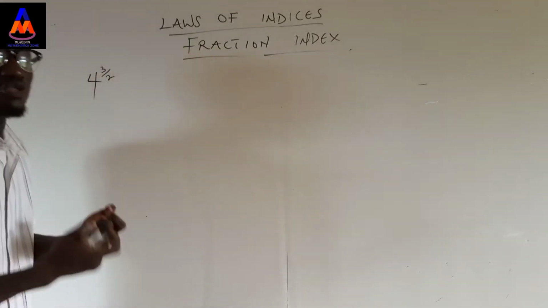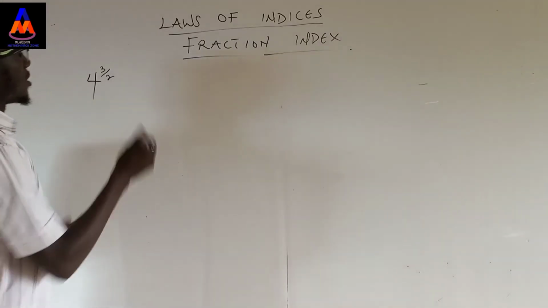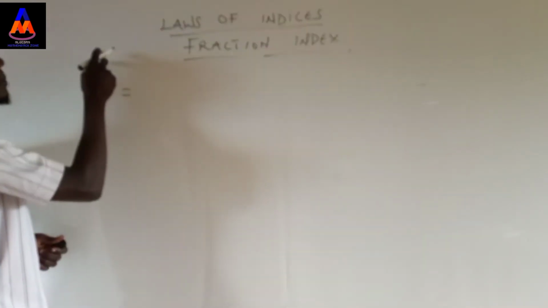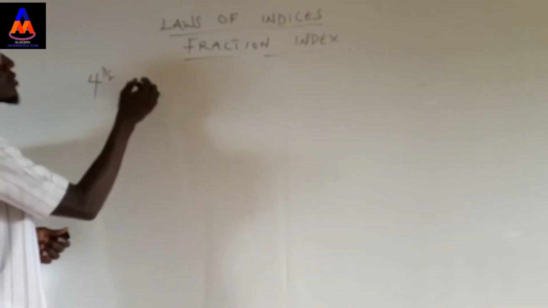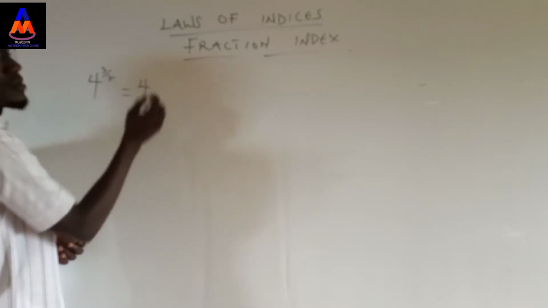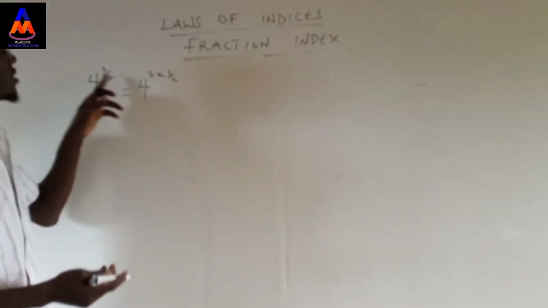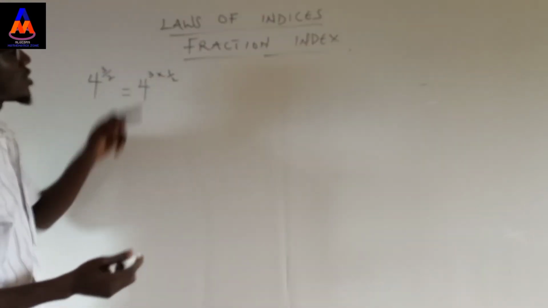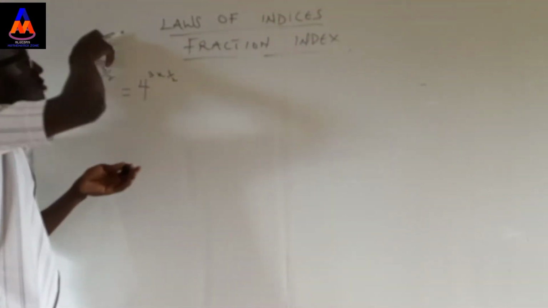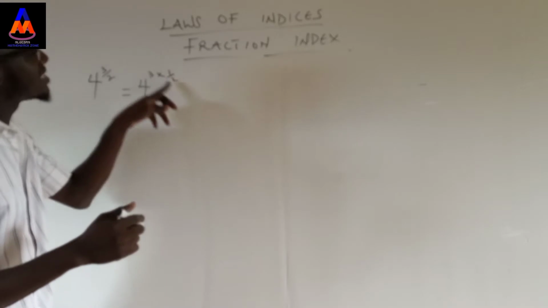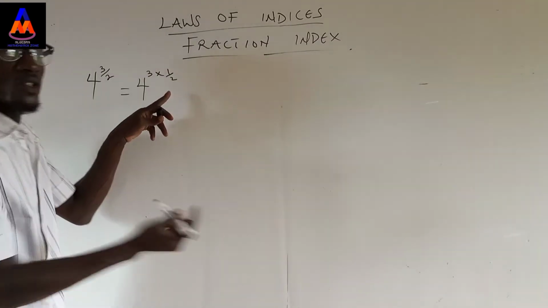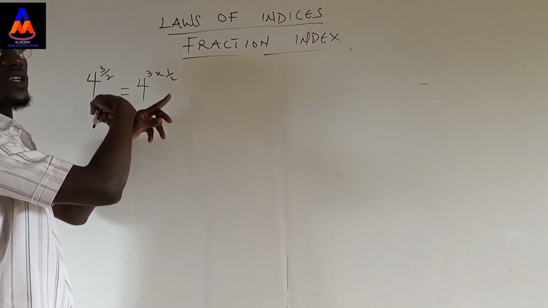But having understood the concept of root power, we can express this fraction as a root power. Because 3 over 2 can be expressed as 3 times 1 over 2. That means you remove the numerator so that you get a root power, just like we explained in the previous lecture.